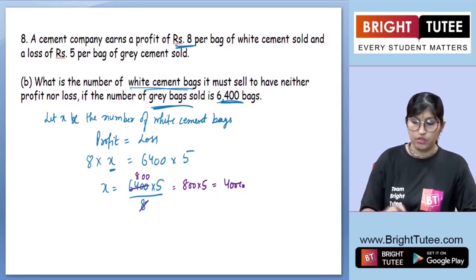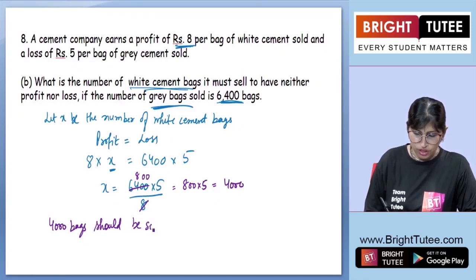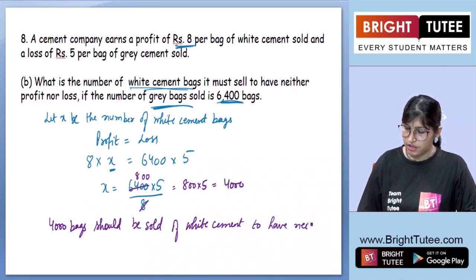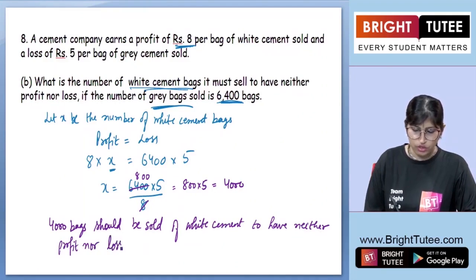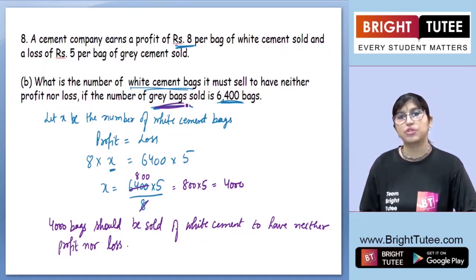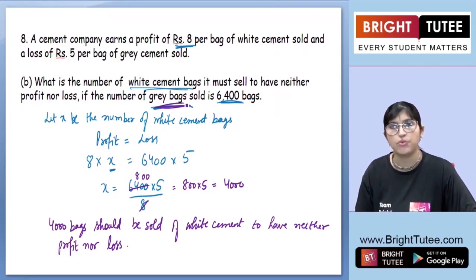So 4,000 bags of white cement should be sold to have neither profit nor loss, given that 6,400 grey bags are sold and the profit on white cement is 8 rupees per bag.